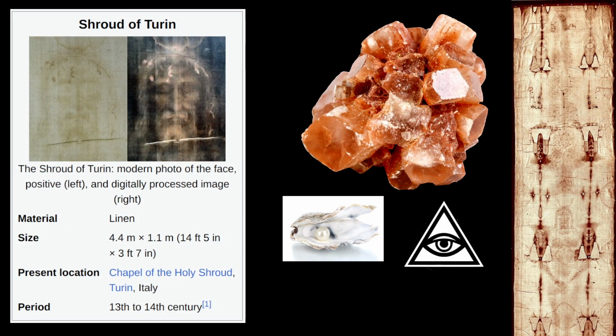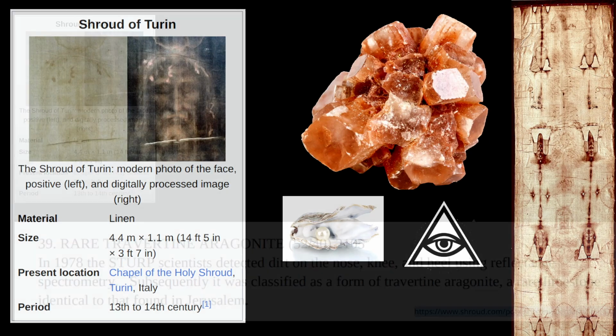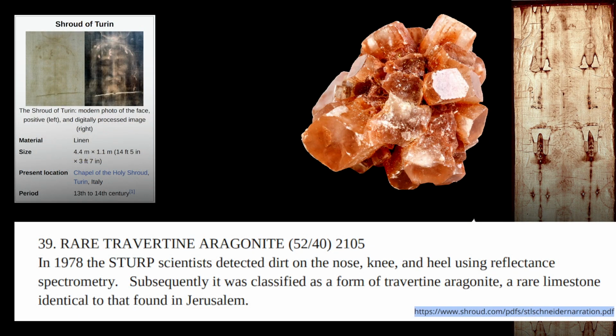The only one is this Shroud of Turin, and it is the cloth that Jesus Christ was buried in, supposedly, and so they are finding pieces of calcium carbonate in the form of aragonite.